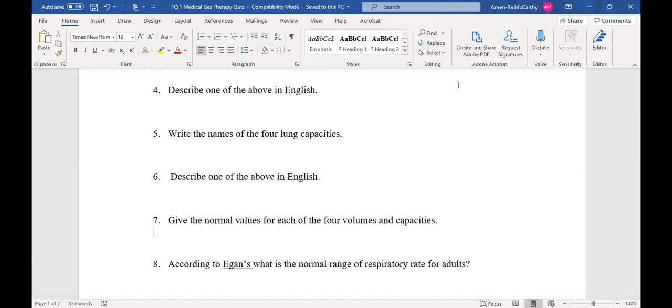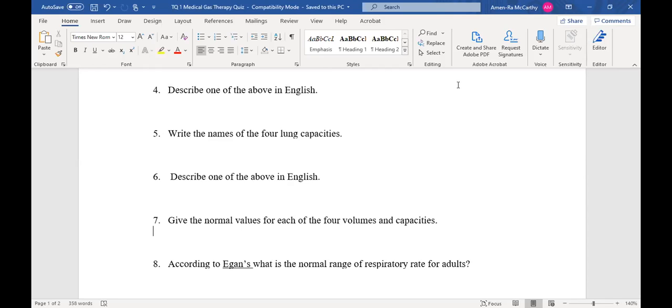That's it. The amount of air in the lungs after a normal exhalation is your FRC. FRC, guys, is very, very important. That's your functional residual capacity, and FRC is directly related to what?